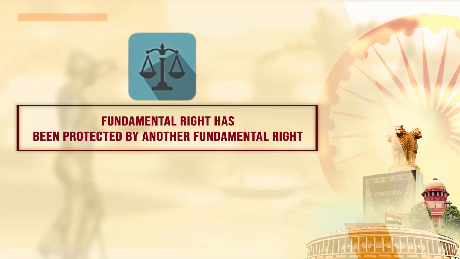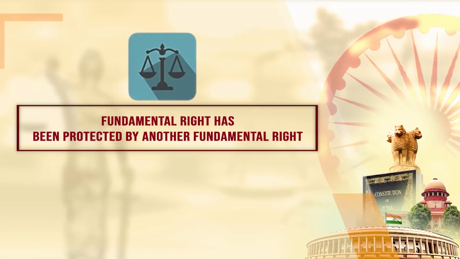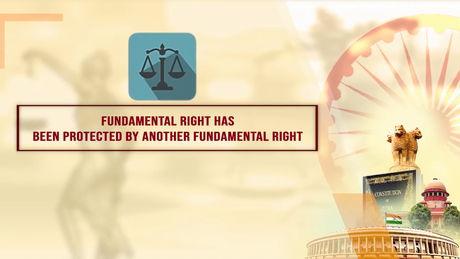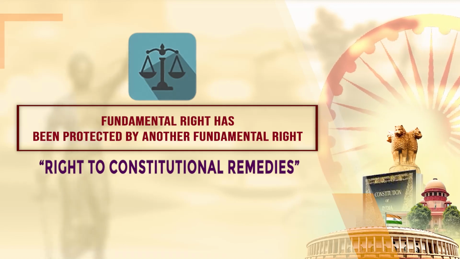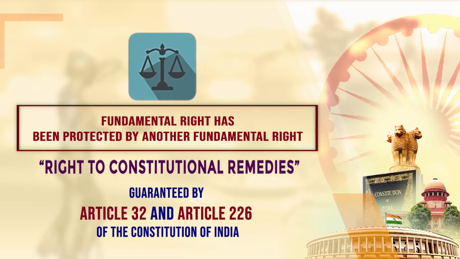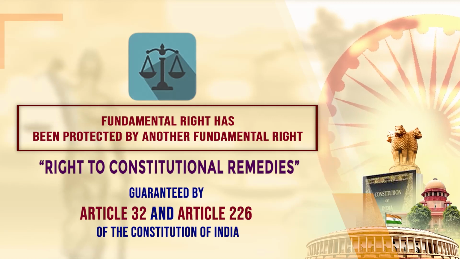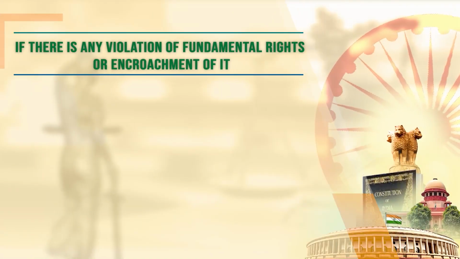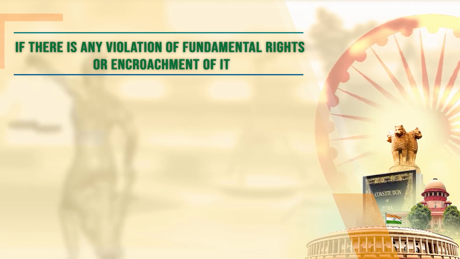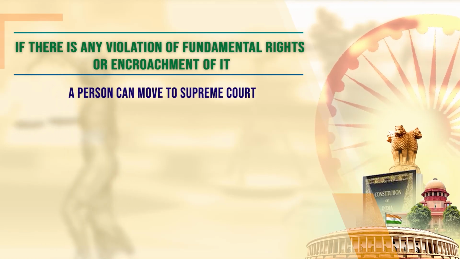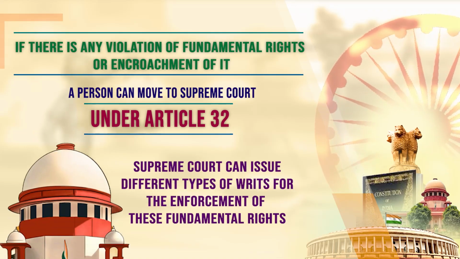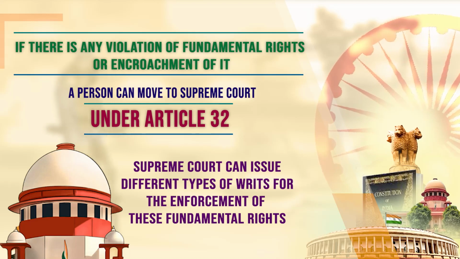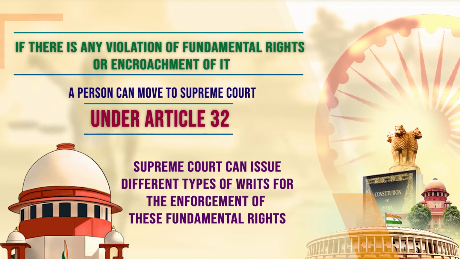This valuable fundamental right has been protected by another fundamental right, that is the right to constitutional remedies, which is protected by Article 32 and Article 226 of the Constitution of India. If there is any violation of any fundamental right or encroachment on it, a person can move the Supreme Court under Article 32, and the Supreme Court can issue different types of writs for the enforcement of this fundamental right.